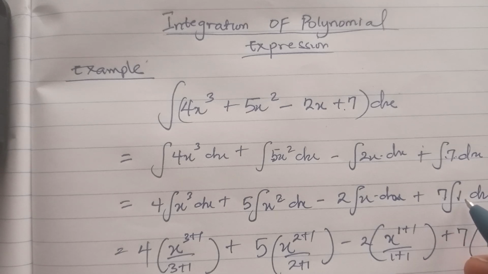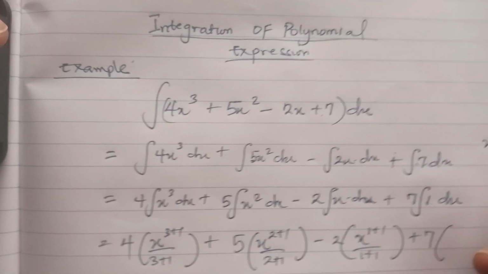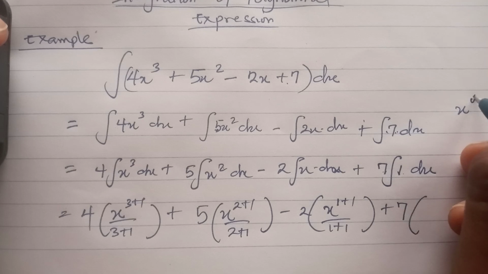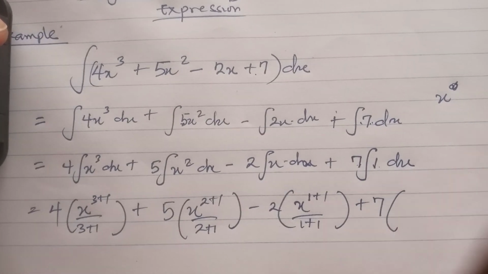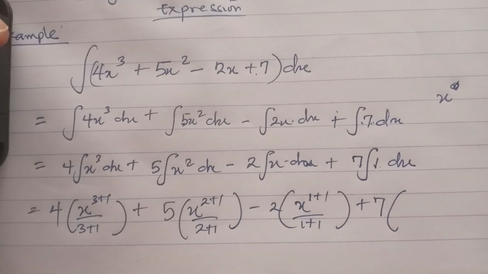Now, what do you see beside this? You can't see x here, but there's x. Actually, there's x here, but that x is raised to power 0. It's a trick in mathematics. You know in indices, anything that is raised to power 0 is 1.